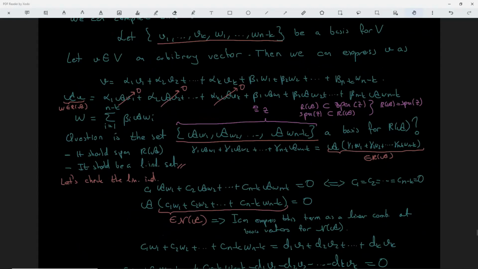Any other questions? Okay, so in the next lecture, we will solve some examples about how to find the range space and null space of linear transformations by using their matrix representations.